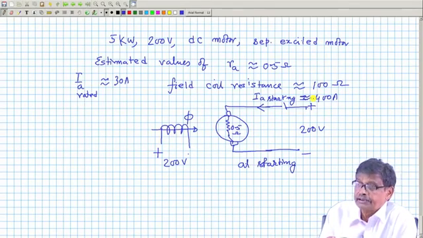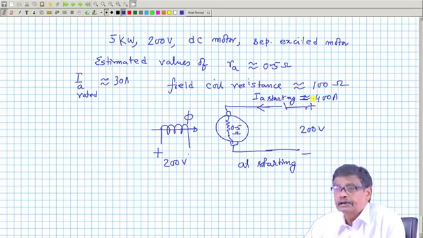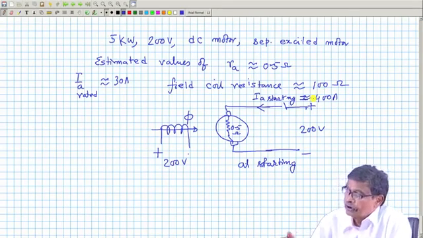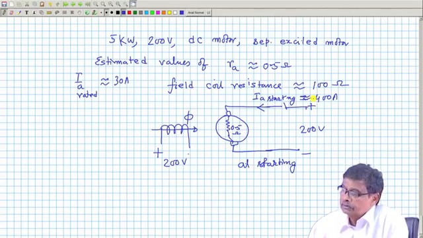Rated current is 30, so 400 divided by 30, about 14 times the rated current will be flowing.